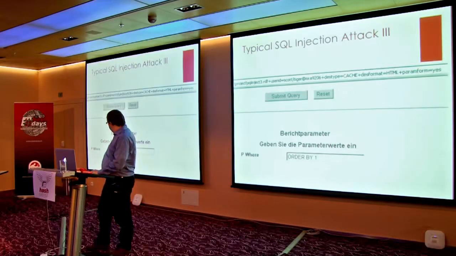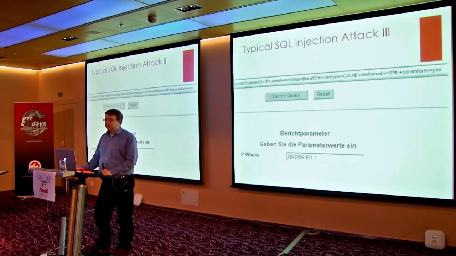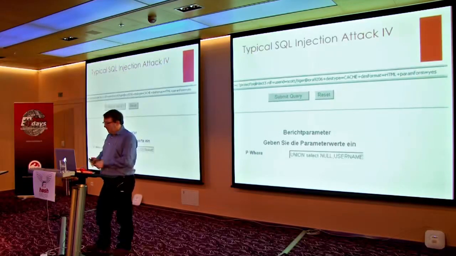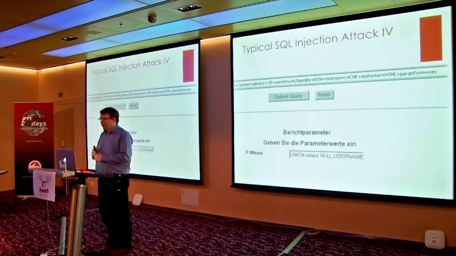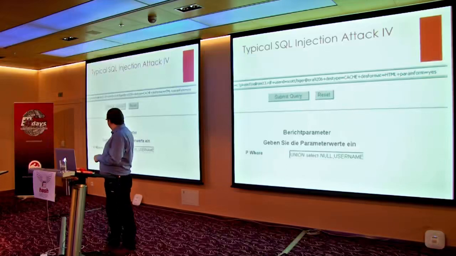So now the developer has order by 1 to change the sort order, and we can override this order by 1 with our own SQL code. In this case, I would start using union select null, username from DBA users. And if I click on submit query, this is concatenated and executed.